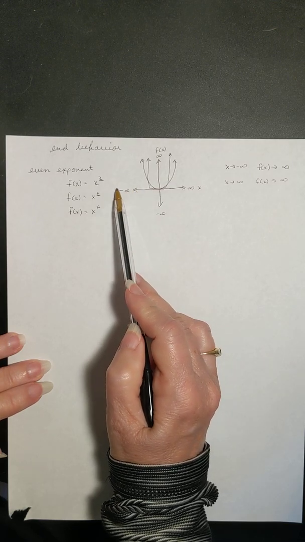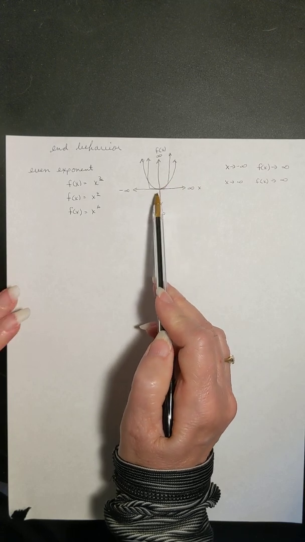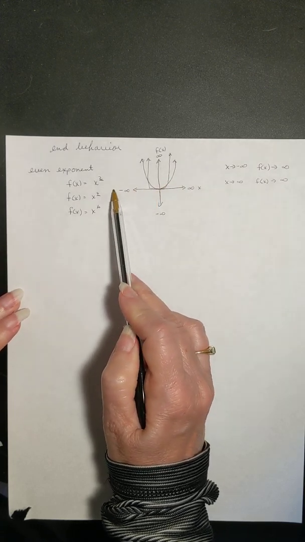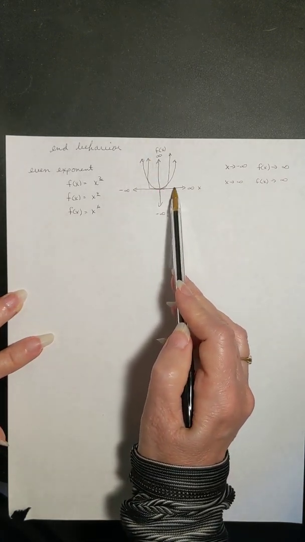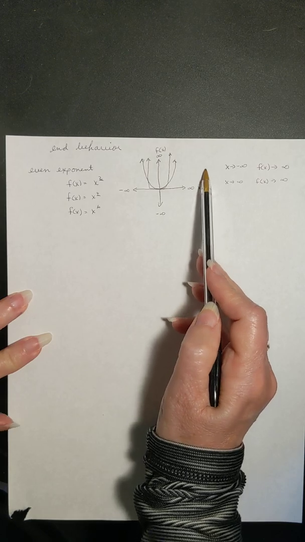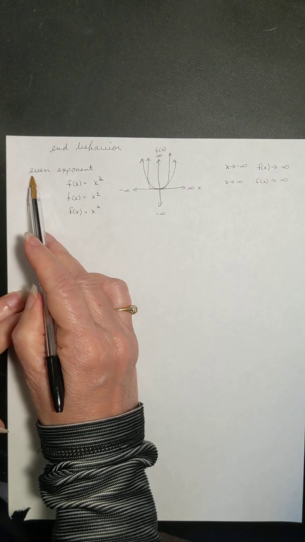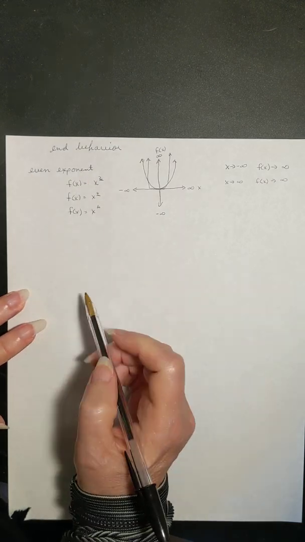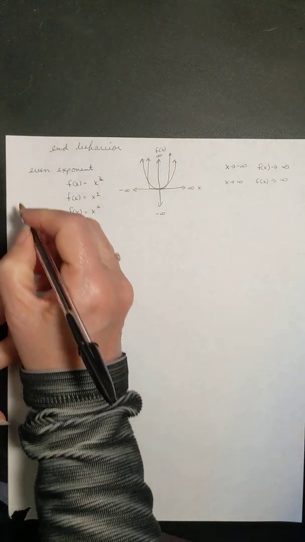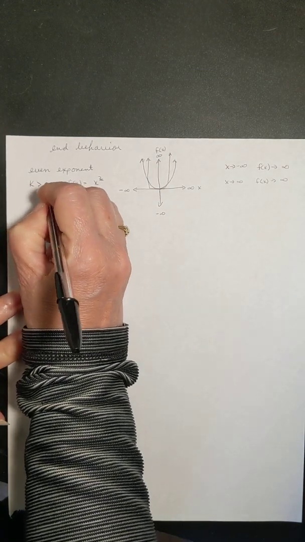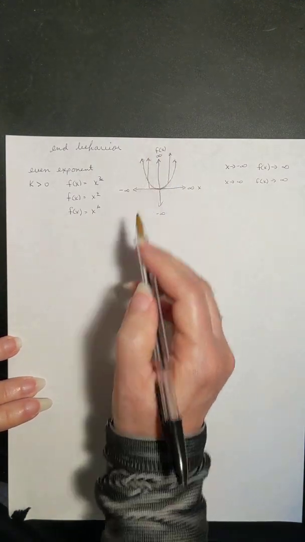As I get larger absolute values, going more negative here, I'm going to go up further and further. Same thing over here. As I plug in larger and larger numbers, I will get higher and higher values. So if I have an even exponent and my coefficient is positive, then it's going to go up.